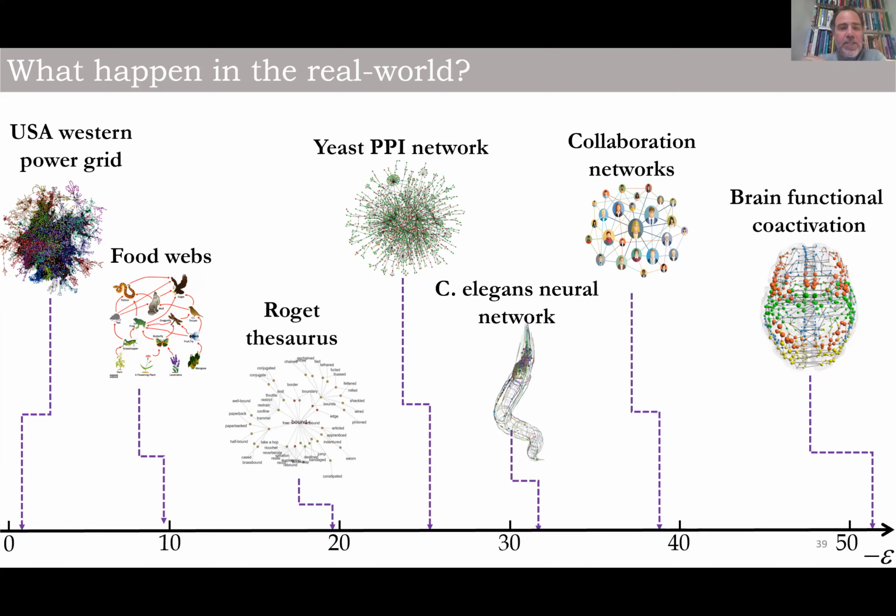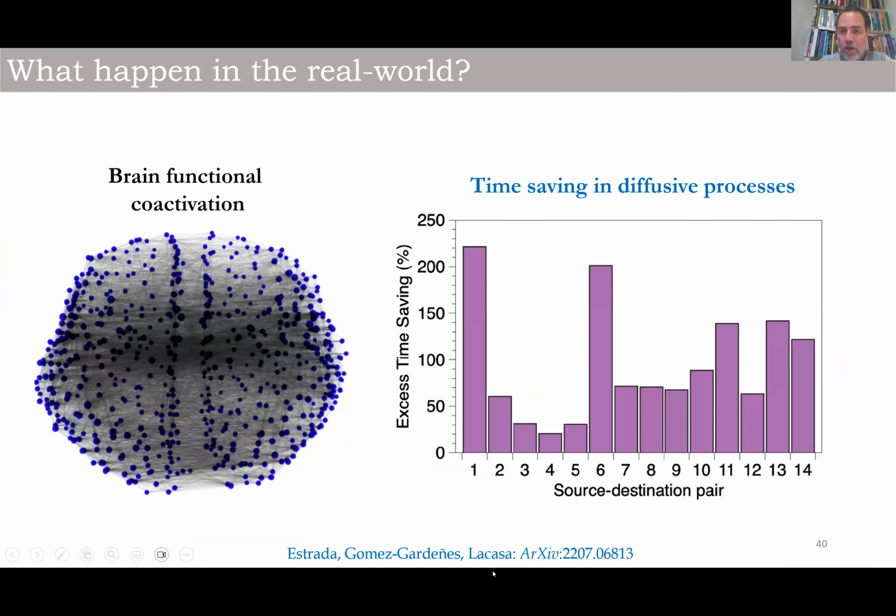But at the other side of the spectrum, we find the brain functional coactivation network, which represents 638 regions of the human brain and how they co-activate with each other in a resting state. We have done this also when people are doing some particular task.